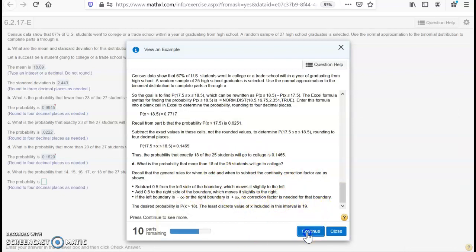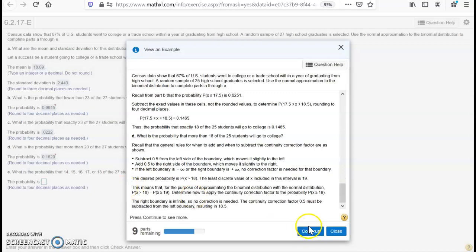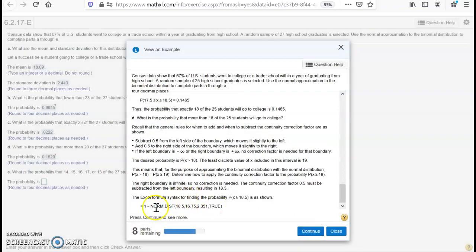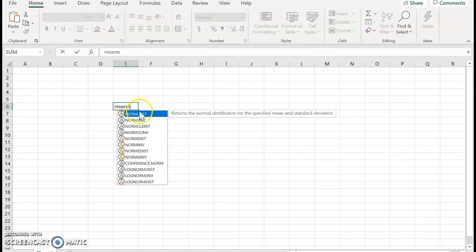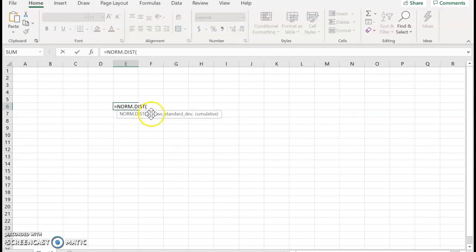So what they're wanting you to do is to use Excel. We can go into Excel and put equals NORM.DIST and enter X, which is going to be 20.5, and the mean, which we already calculated, was 18.09, I believe.